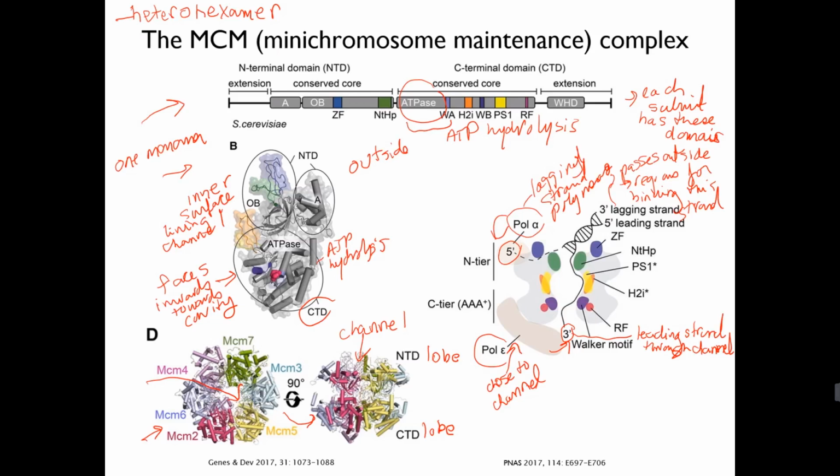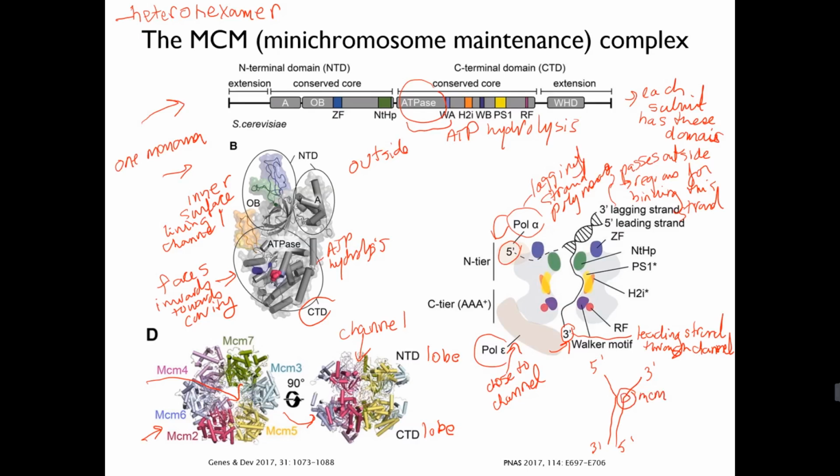So just to draw this schematically, imagine we had a replication fork. I'll draw 5' to 3', and then 3' to 5'. And the MCM complex migrates on the 3' strand. So if we put our MCM here, the directionality of the helicase is described with respect to the strand that it's moving on.